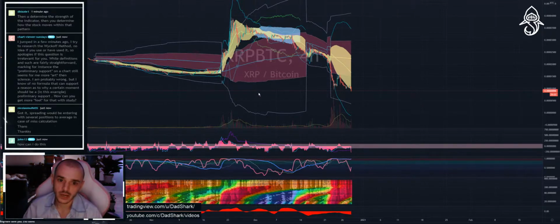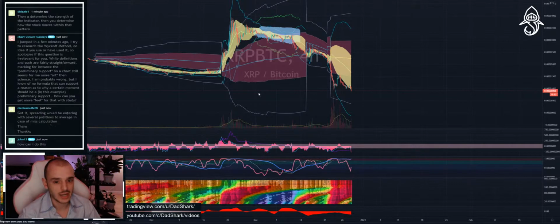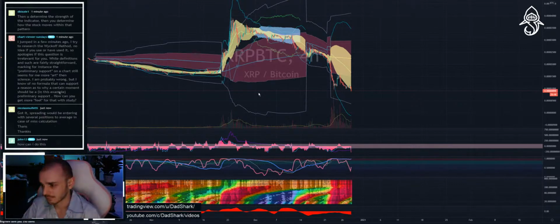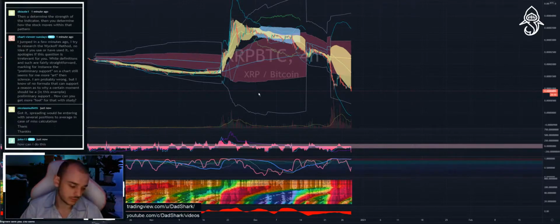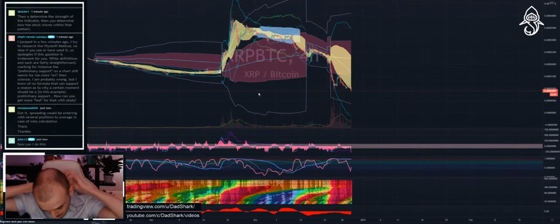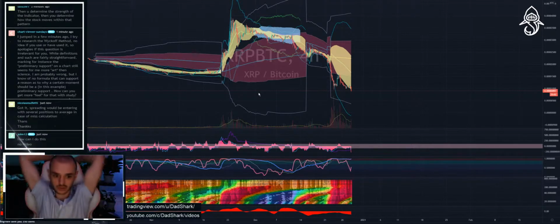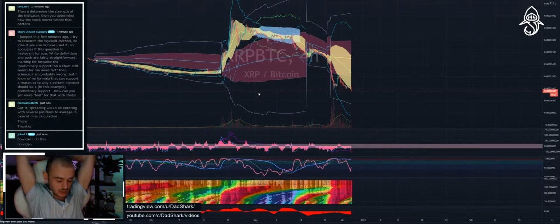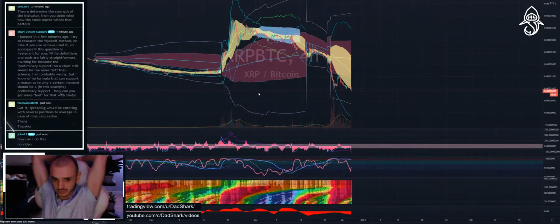I tried to research the Wyckoff method. No idea if you use it or have used it. It's a pretty important thing to understand. Not necessarily from a strategy aspect, but from psychology aspect. Because the actual structures are not too relevant anymore.